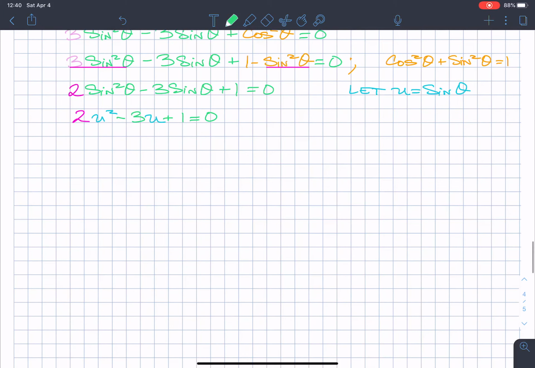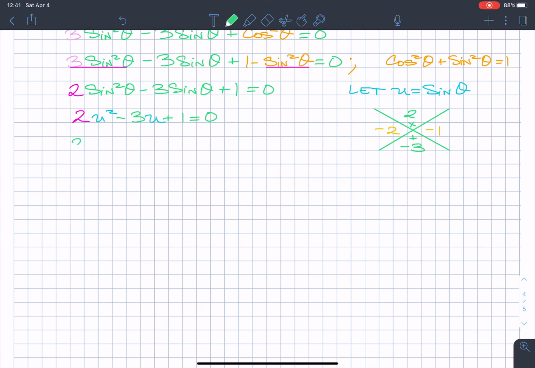Okay, so now I'm looking for 2 integers that have a product of 2 times 1, which is 2, and they add to negative 3. So how about negative 2 and negative 1? They add to negative 3, and they multiply to 2.